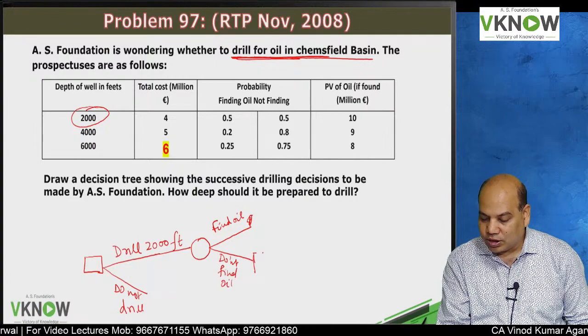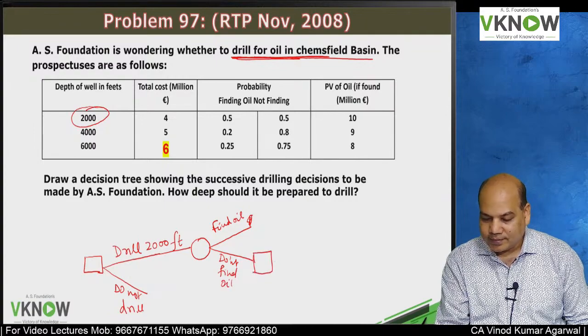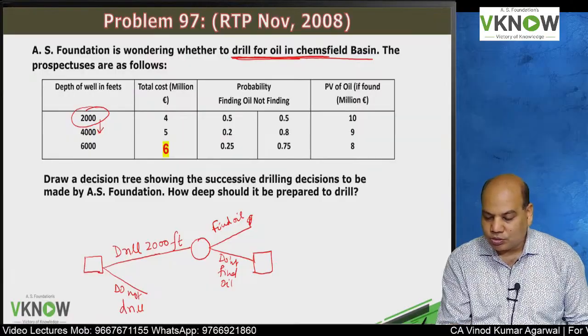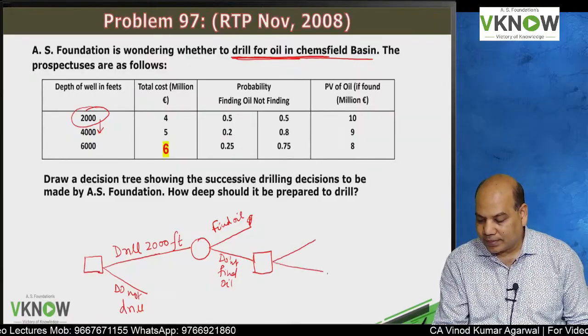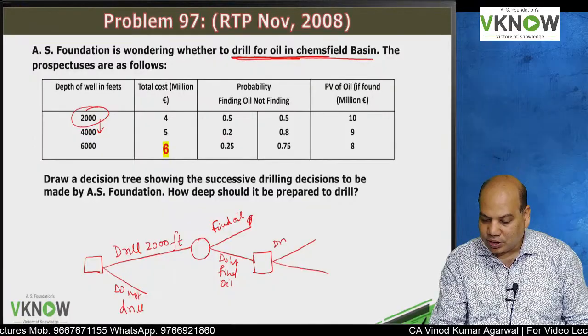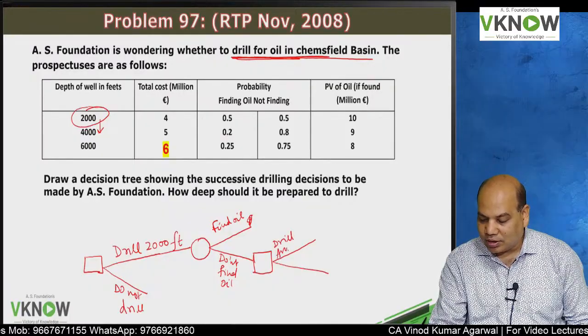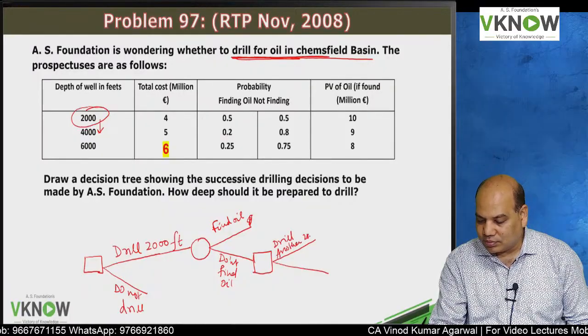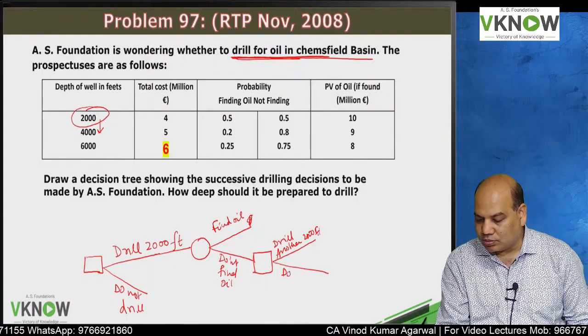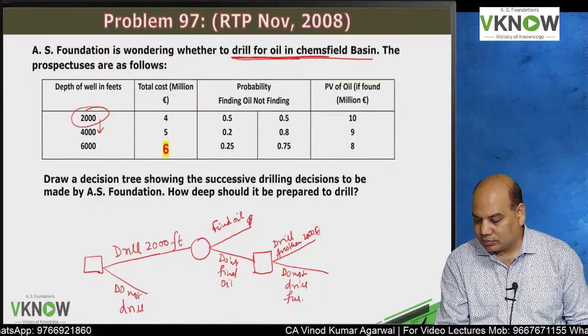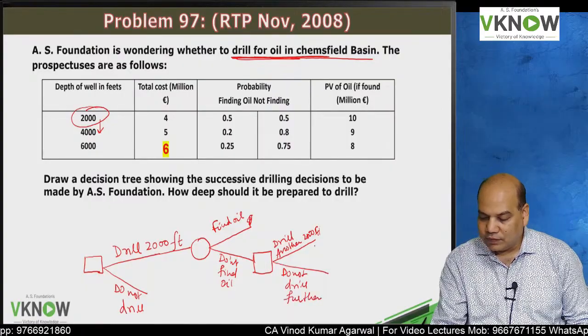then again you have to take a decision, because then you can drill another 2000 feet. So what are the two decisions? Drill another 2000 feet, or do not drill further. Lose the hope, do not drill further.